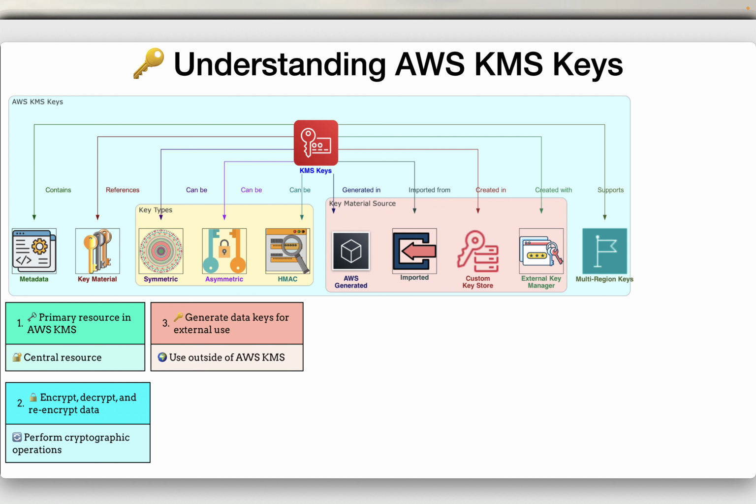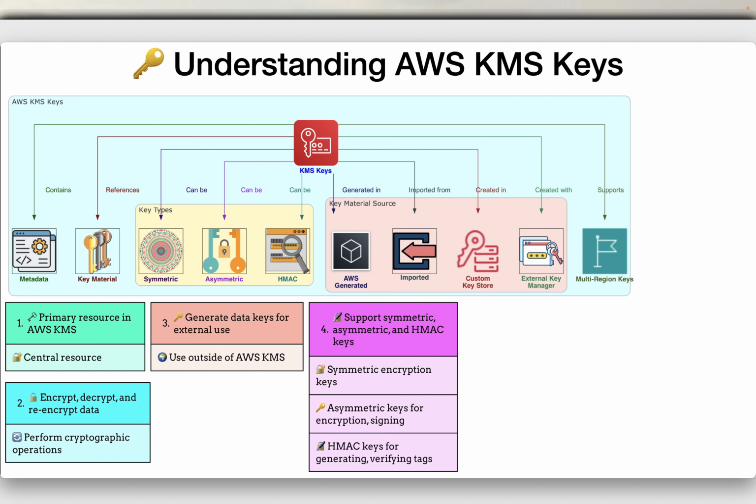KMS keys can generate data keys that can be used outside of AWS KMS for encryption purposes. AWS KMS supports the creation and use of symmetric encryption keys, asymmetric keys for encryption or signing, and HMAC keys for generating and verifying HMAC tags.